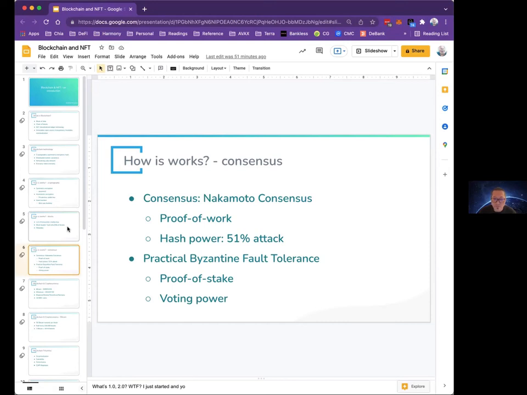One of the first consensus protocols using blockchain technology is called proof of work. You may have already heard of it. It's also called the Nakamoto consensus. Nakamoto is the last name of the author of Bitcoin, Satoshi Nakamoto. That's why it's named after him, the Nakamoto consensus, proof of work.